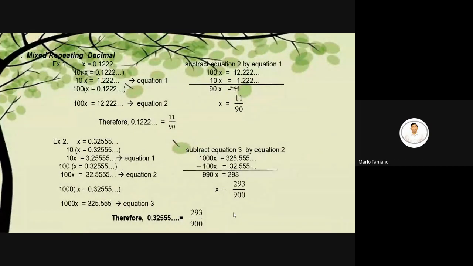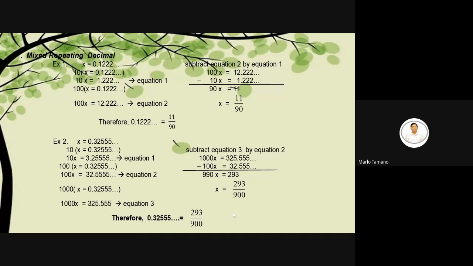Mixed repeating decimal. Kapag mix, no? Ito po yung nangyayari. Example, x is equal to 0.12222. Okay? So, yung nauulit po dyan ay yung 2, yung 1 hindi po.